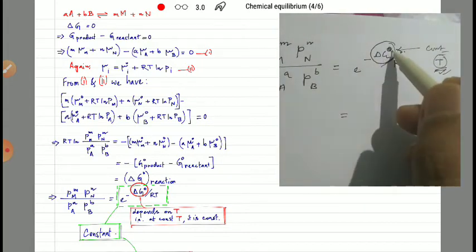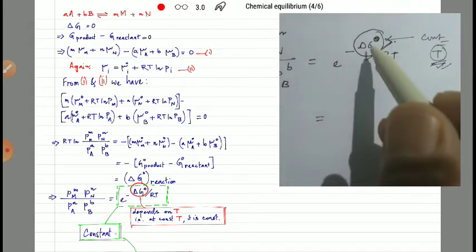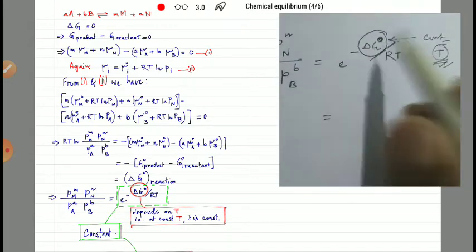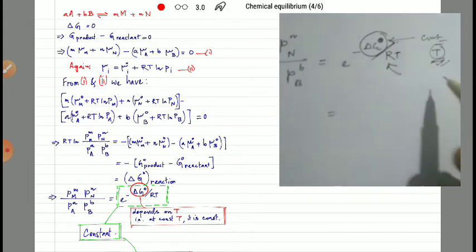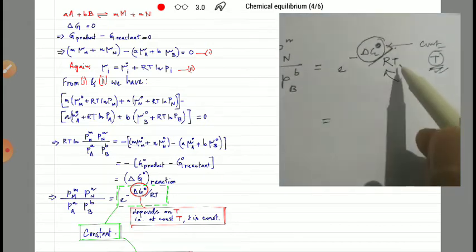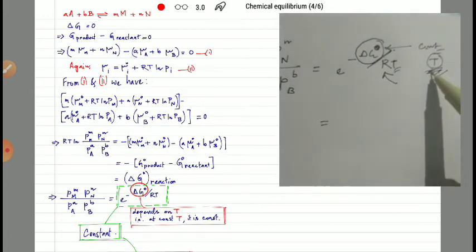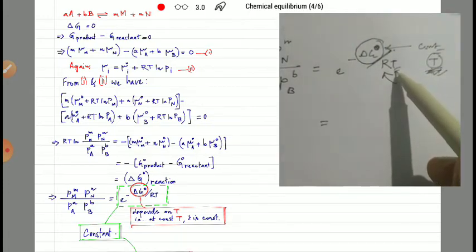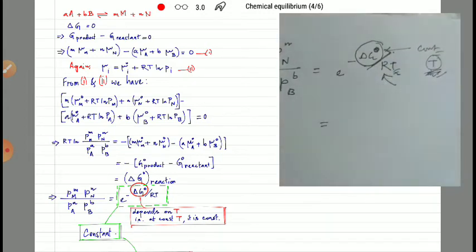And R is the gas constant, 8.314. We assume that temperature is constant, so T is constant, del G naught is constant, and R is constant.